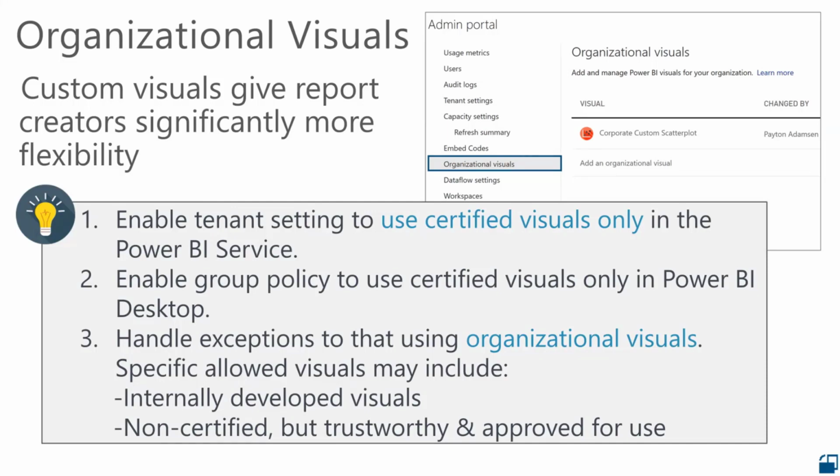Maybe you've got a vendor that isn't certified, but is positively trustworthy and approved for use in your company. And a really good example of that is maybe they are transmitting data to their service so they can make calls to run a machine learning algorithm. Well, when that happens, it can't be certified because it's sending data out, but it's supposed to send data out. So those kinds of situations you can manage here through organizational visuals.